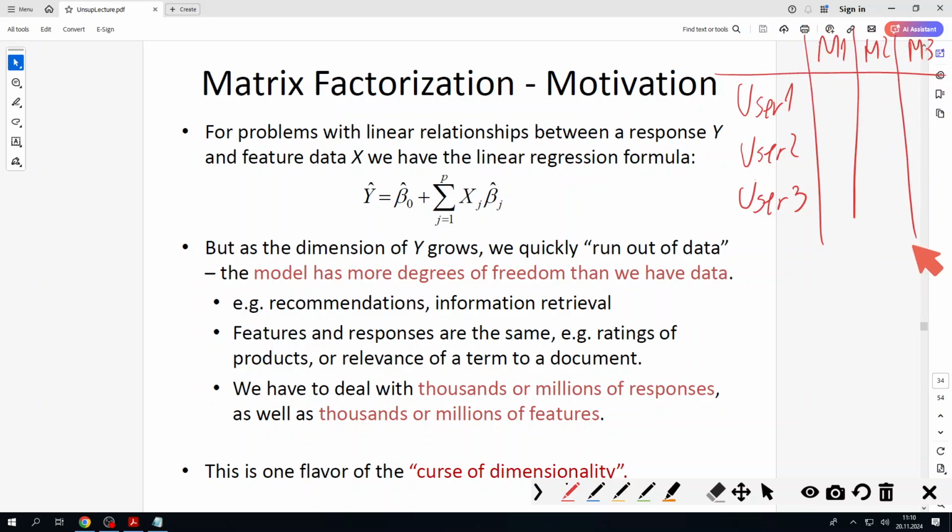Now user 1 has rated movie 1, let's say 5 stars, movie 3, let's say 1 star. User 2 has rated movie 2 only and said it was okay, and user 3 hasn't rated anything. But he might have rated movie 4, for example, somewhere eventually. So what we can see here is that you have a lot of missing values.